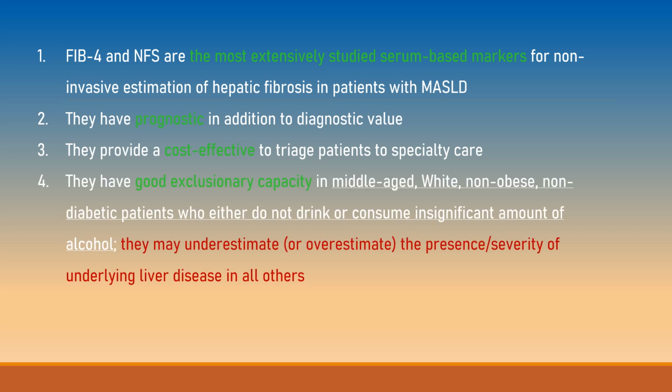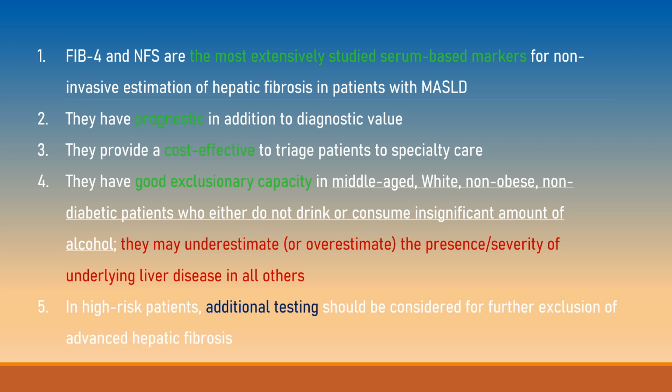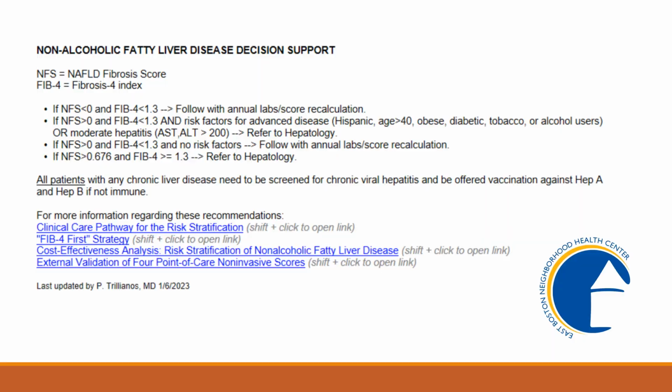They have good exclusionary capacity in middle-aged, white, non-obese, non-diabetic patients who do not drink or consume an insignificant amount of alcohol. They may underestimate or overestimate the presence or severity of underlying liver disease in all others. And in high-risk patients, additional testing should be considered for further exclusion of advanced fibrosis.